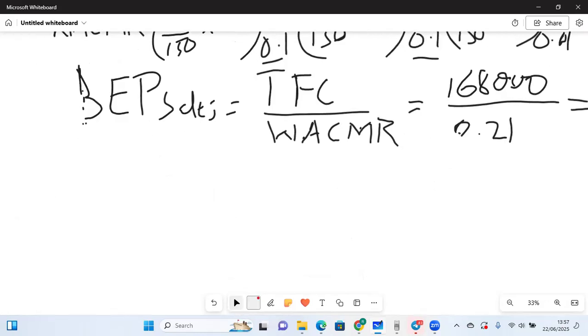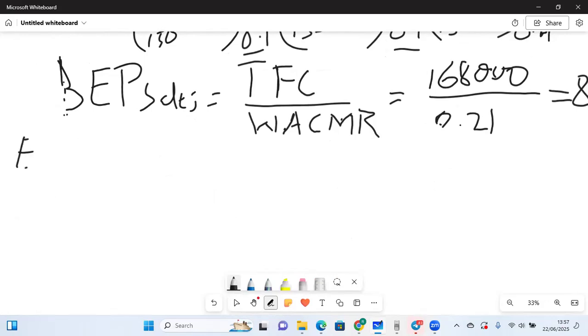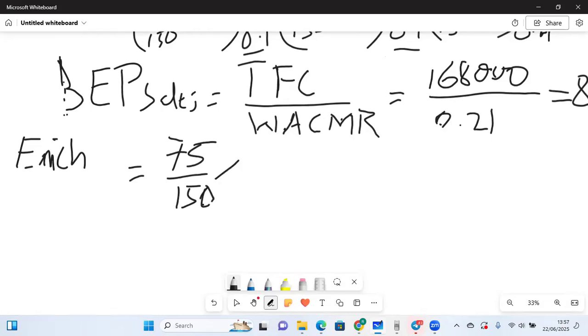Right. So now, if we want to find the sales for them individually, right? So each is going to be using the sales mix, right? So we take the first sales mix. The first mix is 75 over 150 times 800,000, and we are going to get 400,000.